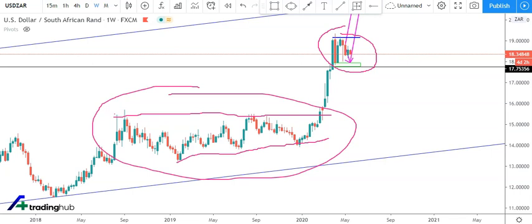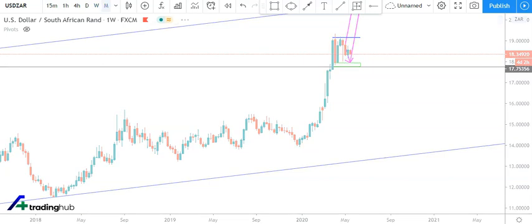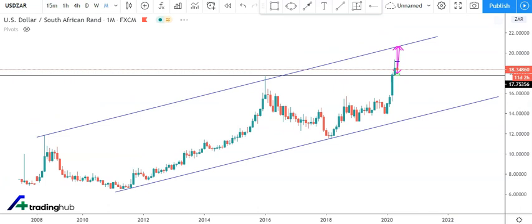If you notice the pattern on this USDZAR, once price makes a big impulse, it will spend some weeks or maybe 2 months to give a bigger correction before the next impulse. If you notice on this chart, that is the pattern. Let's go to the monthly again so you can actually see this pattern that I'm explaining here.